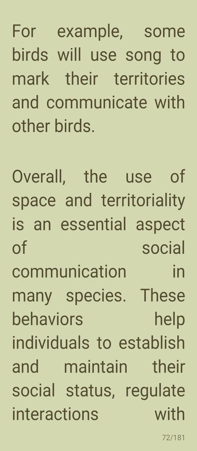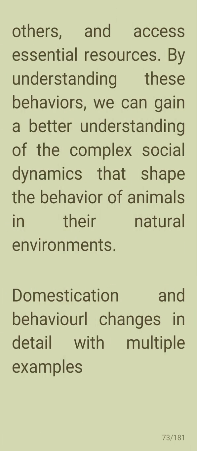These behaviors help individuals to establish and maintain their social status, regulate interactions with others, and to access essential resources. By understanding these behaviors, we can gain a better understanding of the complex social dynamics that shape the behavior of animals in their natural environment.